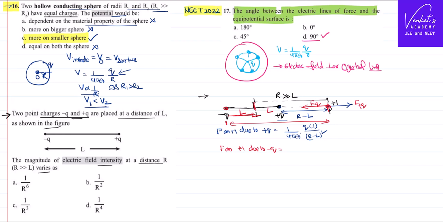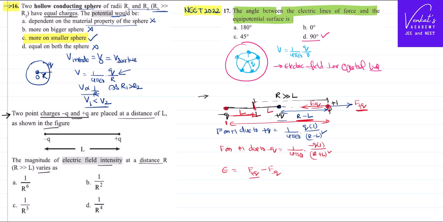Generally dipoles are represented that way. 1 by 4 pi epsilon naught minus q into 1 by r plus L whole square. You can clearly see these two are in opposite direction, that means intensity is force due to plus q minus force due to minus q, because this is higher as this distance is less.